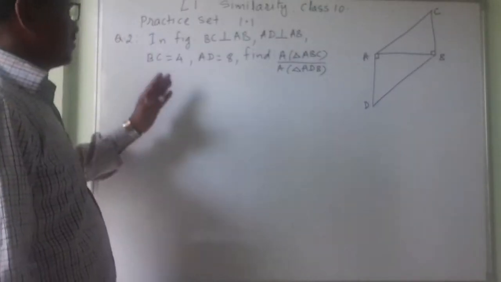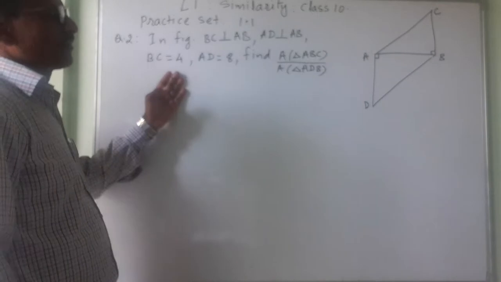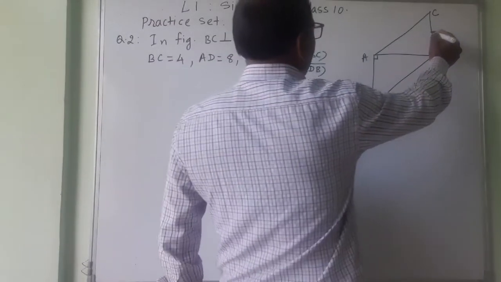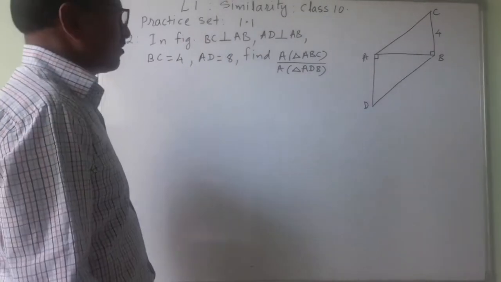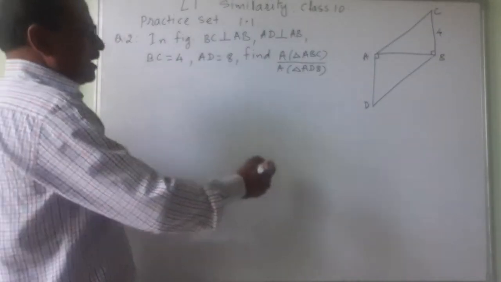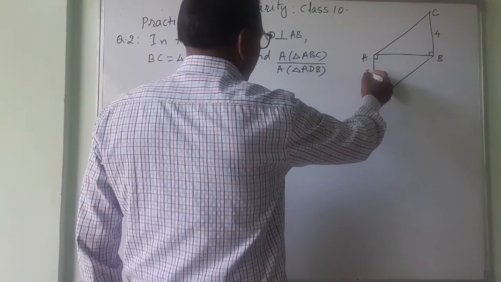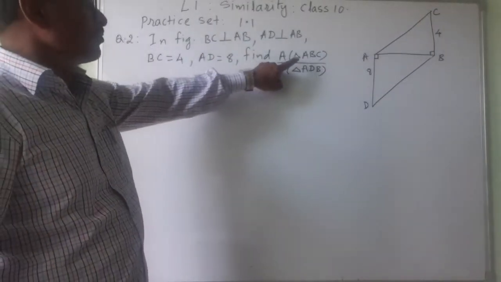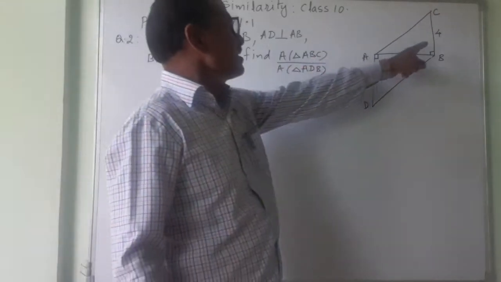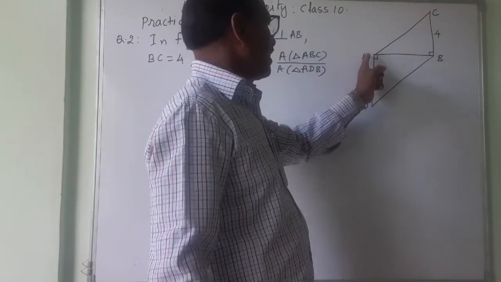Again, what is given? BC is 4, 4 units given, not cm. AD is 8. And then we have to find the ratio of the areas of two triangles ABC and ADB.